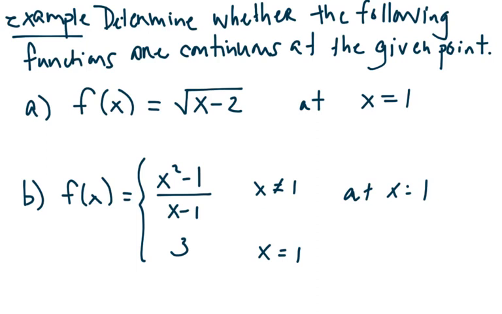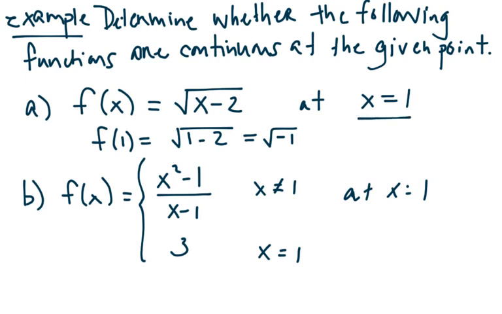So for part A, if I try to evaluate the function at 1, I end up with a non-real number. So here f of 1 does not exist. It fails one of the key criteria of what we need for continuity. So this function might be continuous for a certain interval of x, namely when x is greater than or equal to 2, but it's discontinuous at x equal to 1.